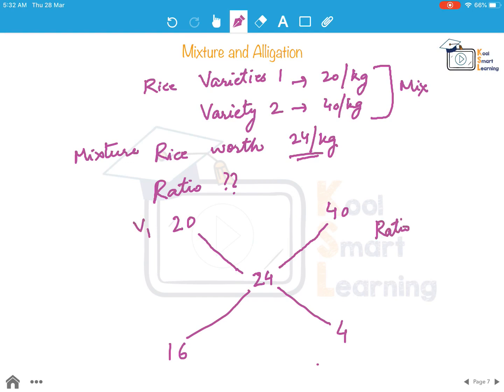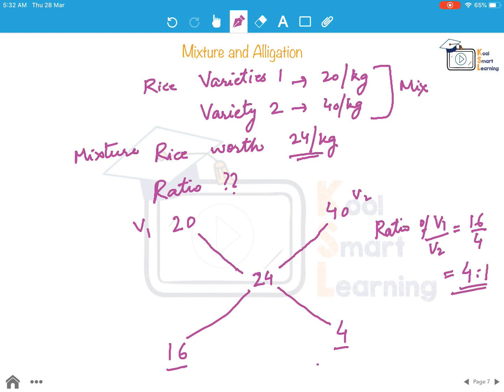So the ratio, this is variety 1, this is variety 2. The ratio of V1 to V2 will be given by 16 by 4, which comes out to be 4:1.